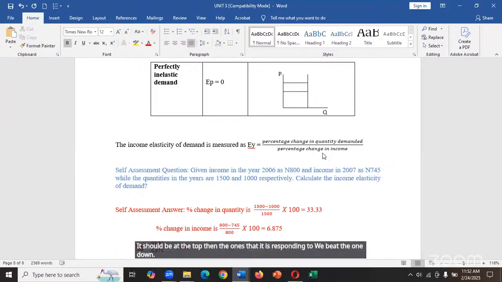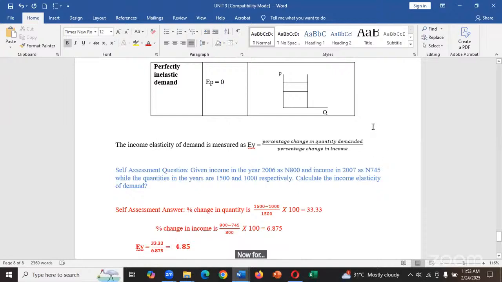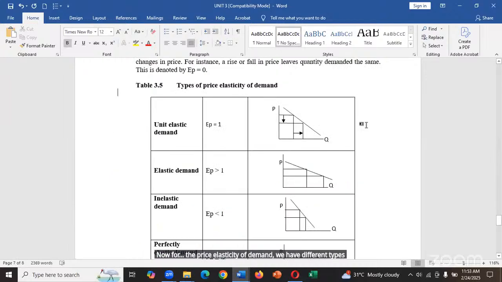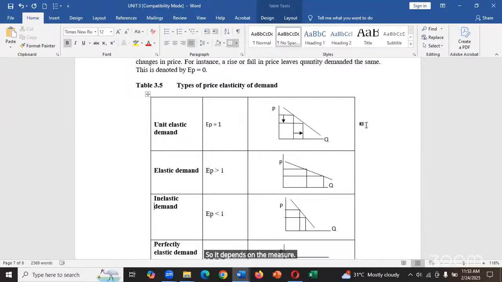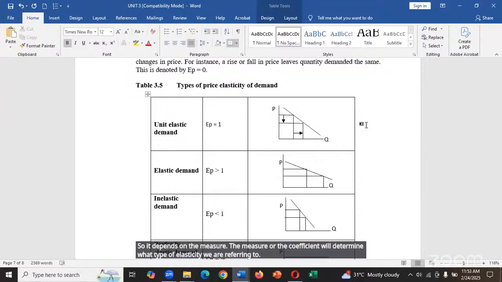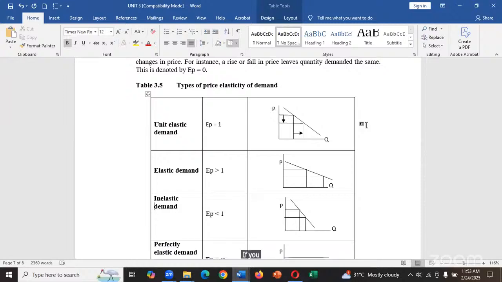Now, for the price elasticity of demand, we have different types. It depends on the measure. The measure, or the coefficient, will determine what type of elasticity we are referring to. If you are saying it is elastic, you will have a specific figure for the coefficient.